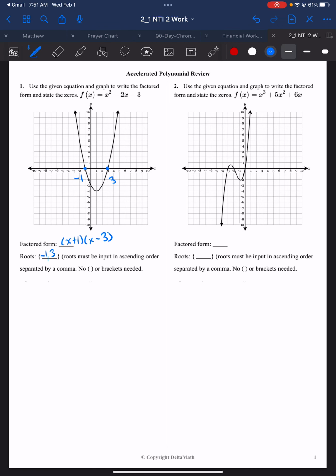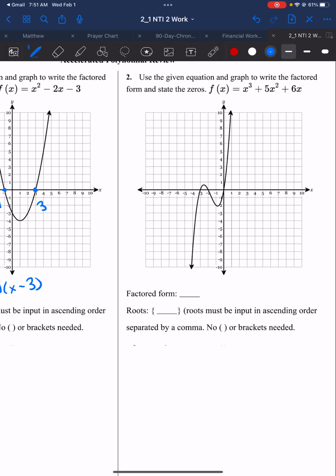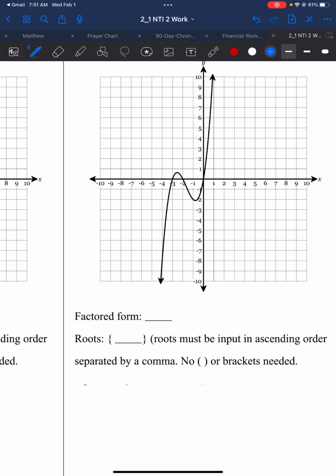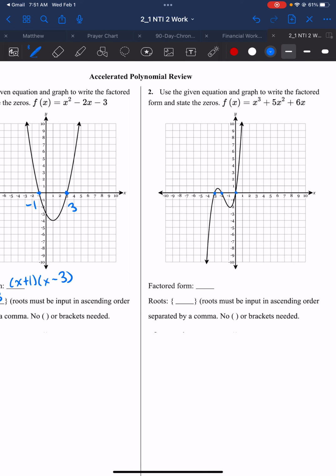So, same thing here. Use the given equation and graph to write the factored form and state the zeros. Just once again, going in right here, finding where my x-intercepts are. I've got 3 of them here, which makes sense. Remember the fundamental theorem of algebra. I've got degree 3, so I should have 3 roots, whether it be complex, imaginary or not, and in this case it does.